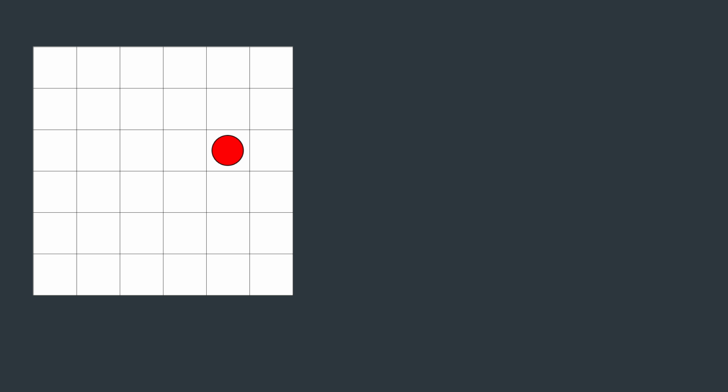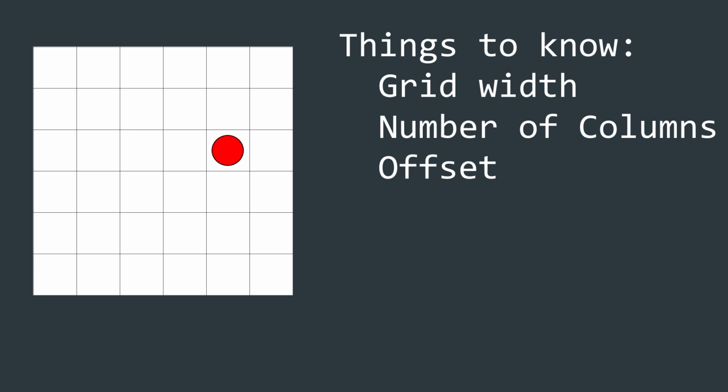In order to do this, we're going to need to know a few things. We're going to need to know how wide our grid is, and the number of columns that we want inside of the grid, so we can calculate how wide each column should be. And we're also going to need to know an offset for each blip, because the way the UI works is everything's center aligned.